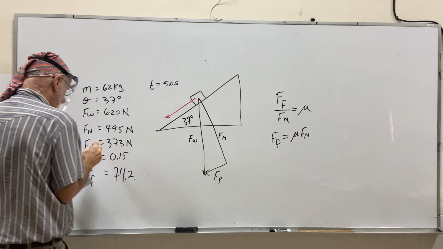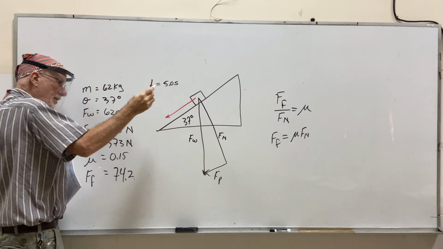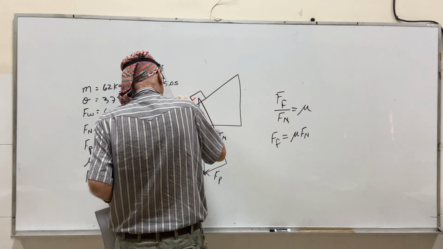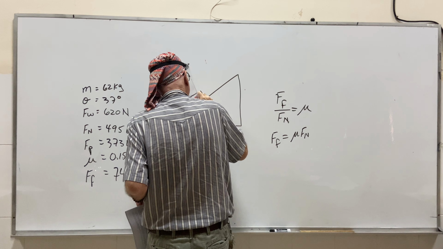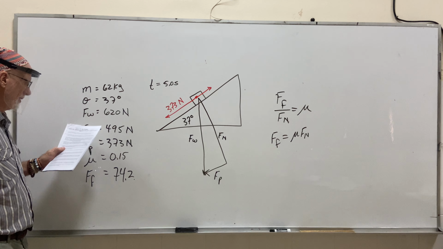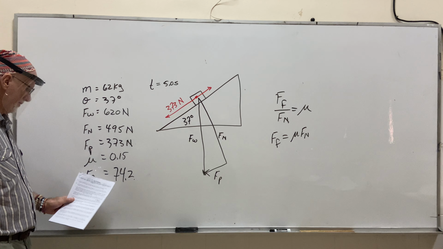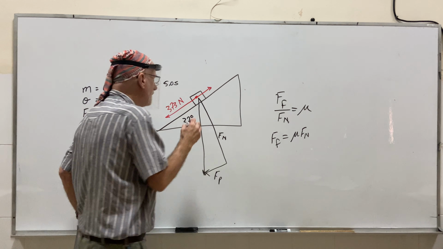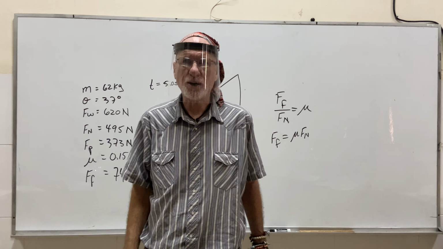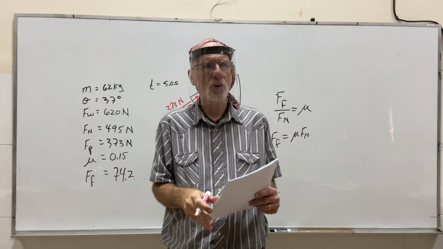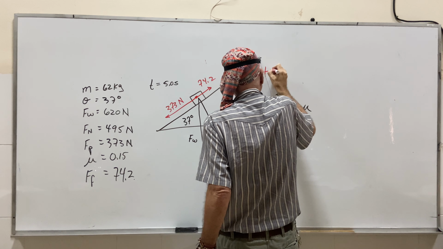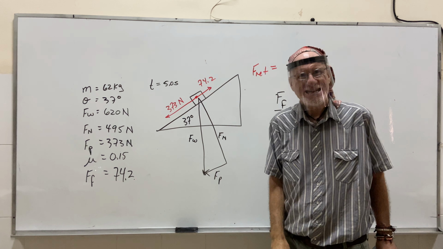I have 373 going down, and then going up I have 74.2. So they're contrary forces. Exactly. So what's my net force?